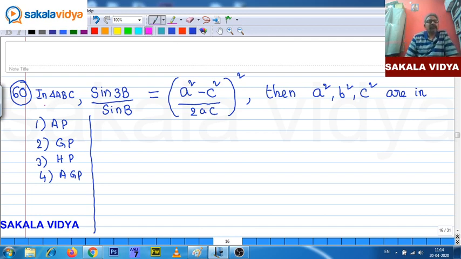So now in triangle ABC, sin 3b by sin b equals to a square minus c square by 2ac whole square. Then a square, b square, c square are in... Actually this is a very lengthy question, because in board examination or in a diploma M1 examination or intermediate examination, this was a 7 marks problem.